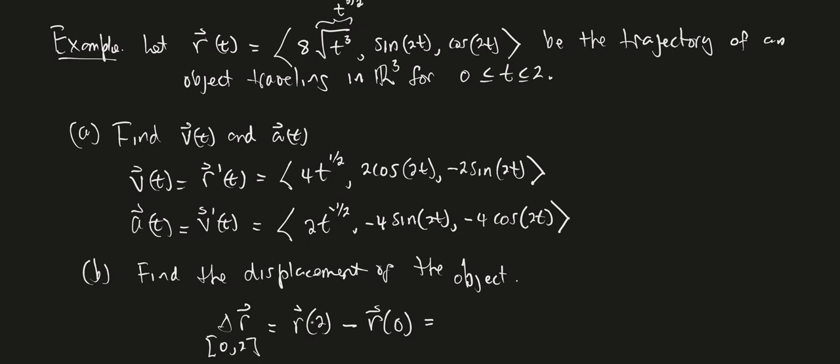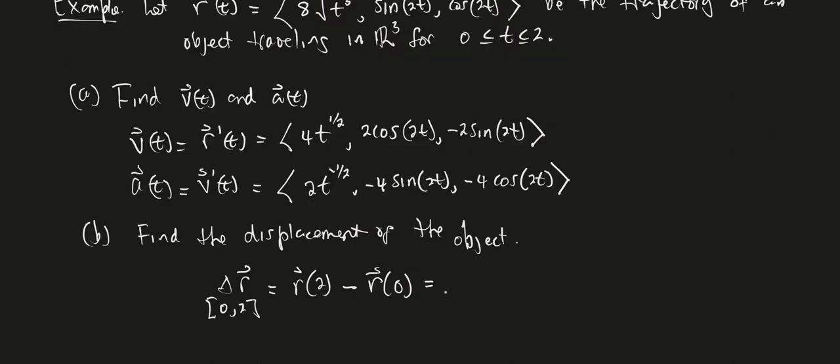So if I plug 2 into the original function, so what would that be? Okay, so if I plug 2 in, I'll have 2 cubed, which is 8. In fact, let me write it like this.